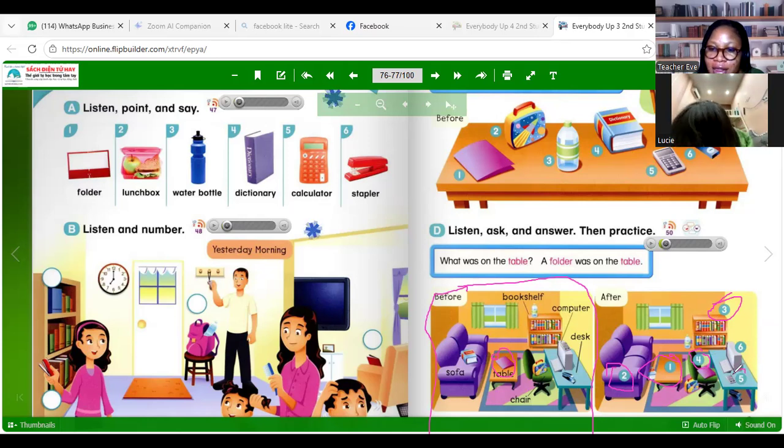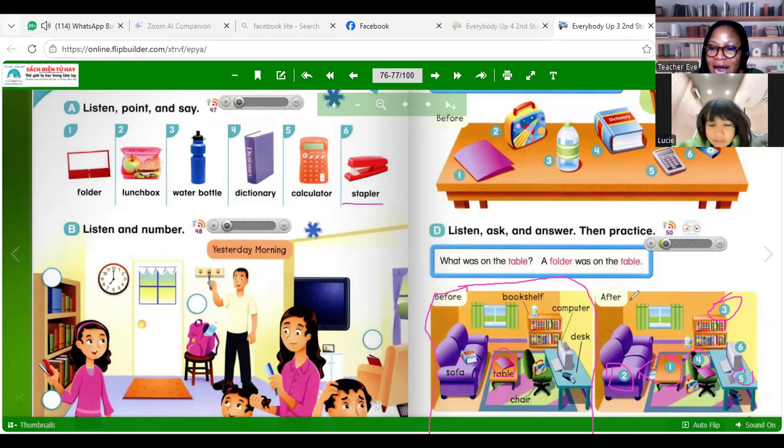A stapler was on the desk. Okay. A stapler. Can you say that? A stapler was on the desk. Good.